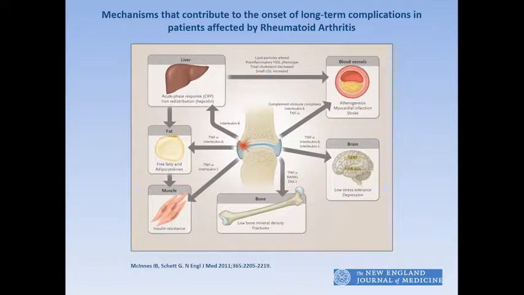So this joint is producing so many pro-inflammatory cytokines, interleukin-6, interleukin-1, TNF-alpha, but they don't affect only the joint; they affect the blood vessels, the brain, the bone, the muscle, the liver. It's absolutely mandatory to put down the overexpression of these interleukins. Otherwise, you will have a systemic inflammatory disease.